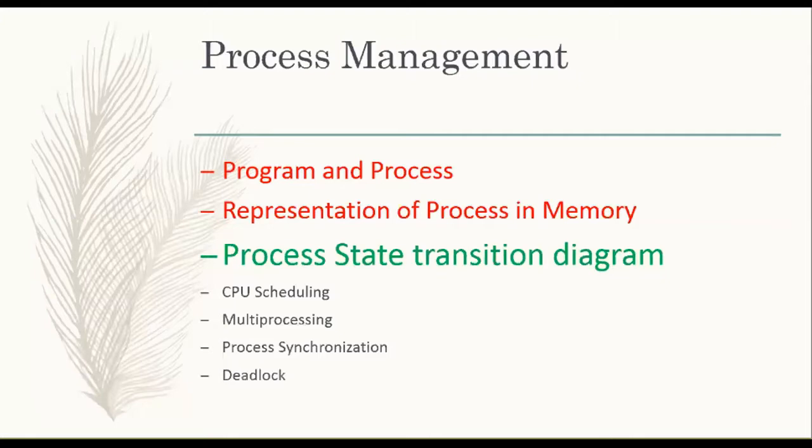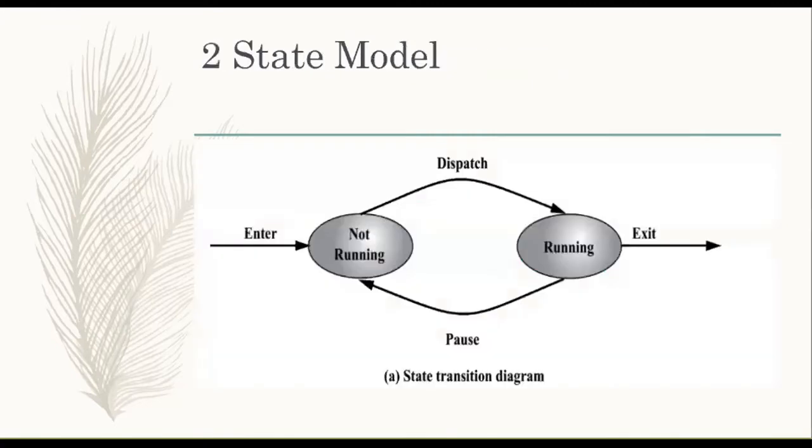Then we moved into one specific piece of information which the PCB holds, that is the process state transition diagram. We were discussing what a state transition diagram is, what a process state is, and why any process requires a state.